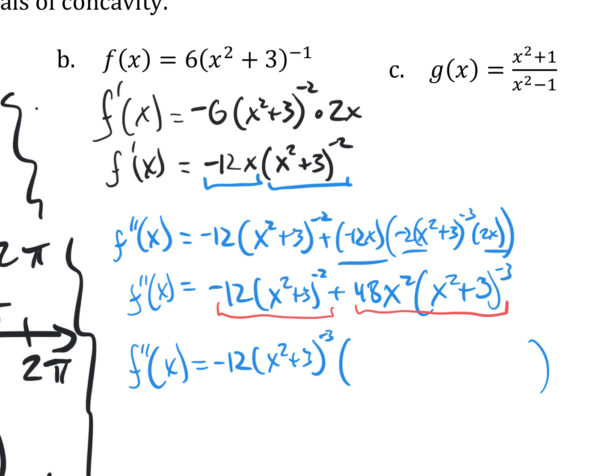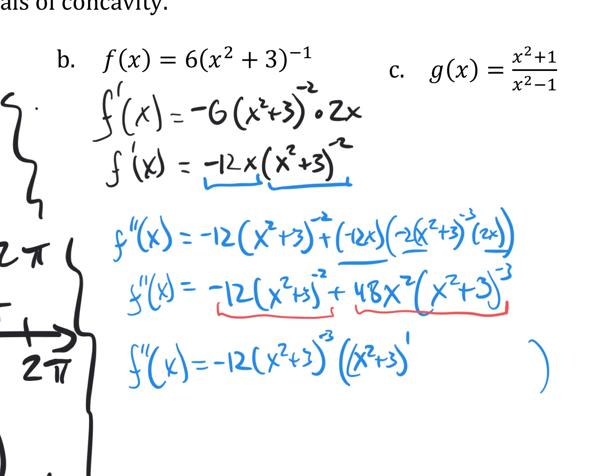All right, and let's see what's left over. So we're going to pull out the negative 12 from this term, and we're going to factor out x squared plus 3 to the negative third. Well, what do we do to those exponents? Because we're really dividing this from this. When we divide powers, we subtract exponents. So we got negative 2 minus negative 3. That's the same as adding 3. That's positive 1.